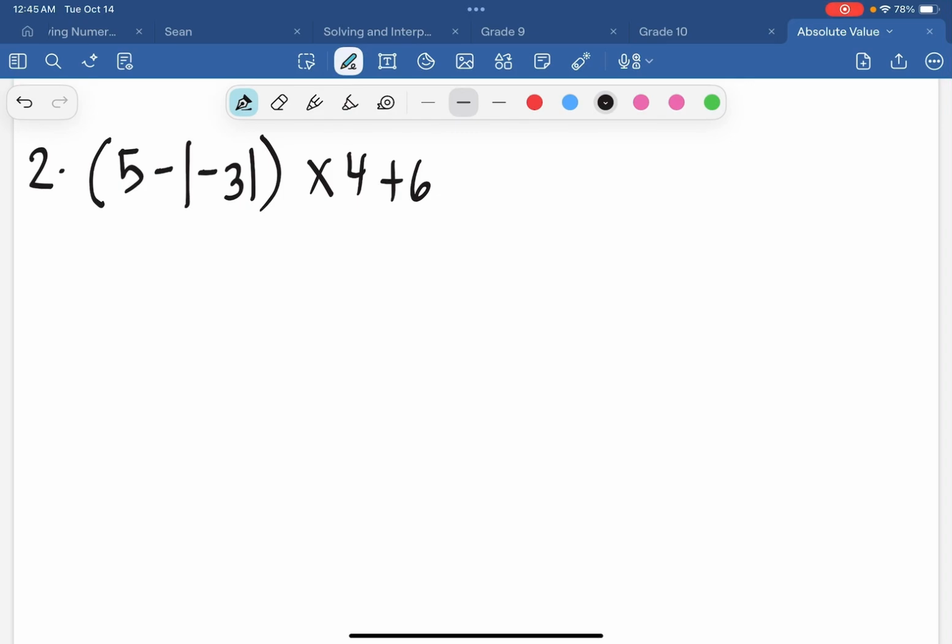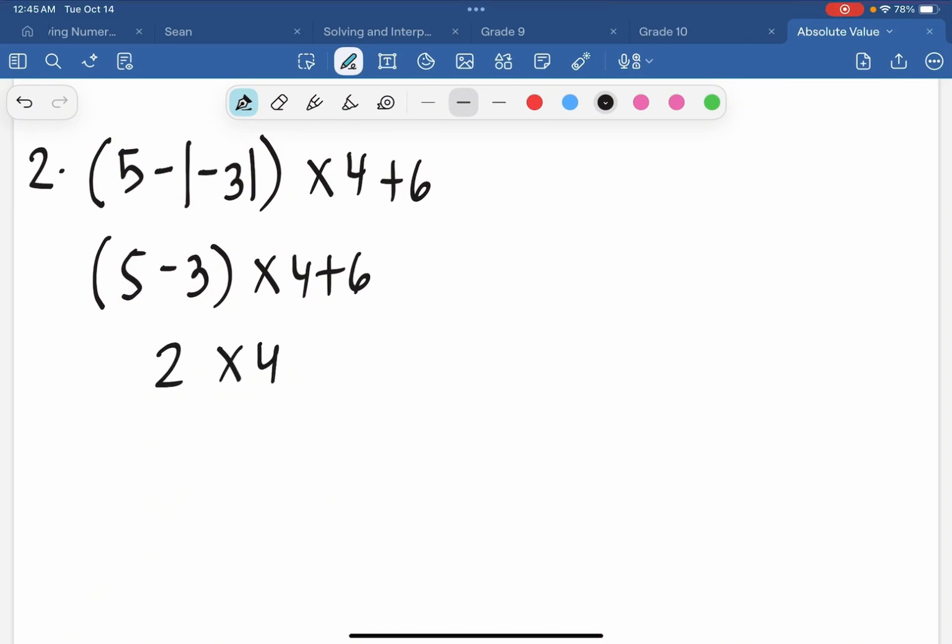So the absolute value of negative 3 is positive 3. So we have here 5 minus 3, and then times 4 plus 6. 5 minus 3 as a grouping is 2. So we have 2 times 4 plus 6, and 2 times 4 is 8. And same thing, 8 plus 6 is 14.